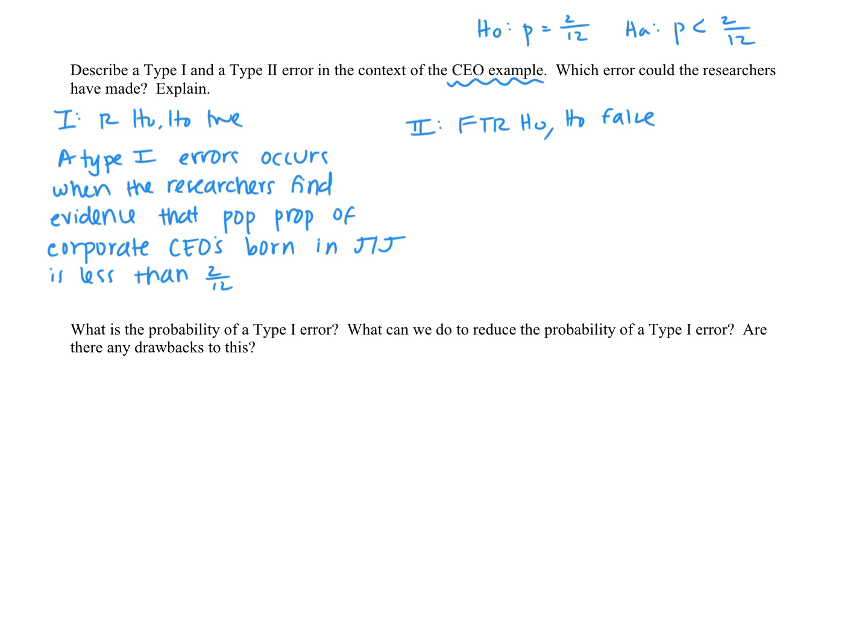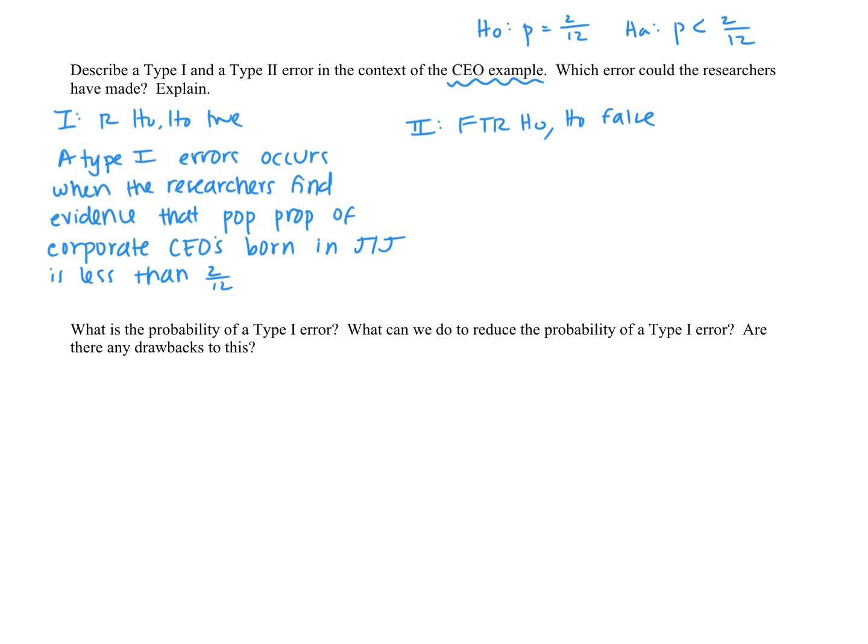This is where most people stop. Most people will write this and put a period there. This is not an error. This is just a statement. If you read it again and think of your own reasoning, researchers find evidence. That's all we've said. That's not an error. The reason this is an error is they find evidence of something that's not true.